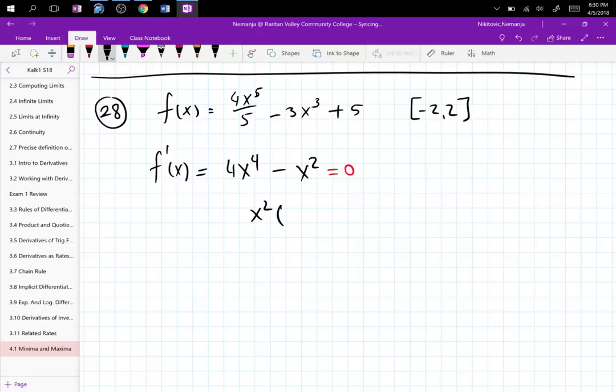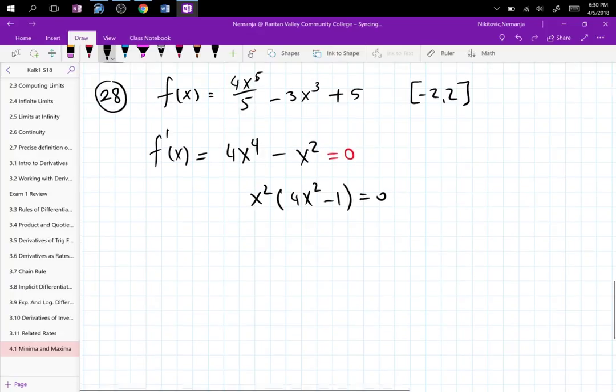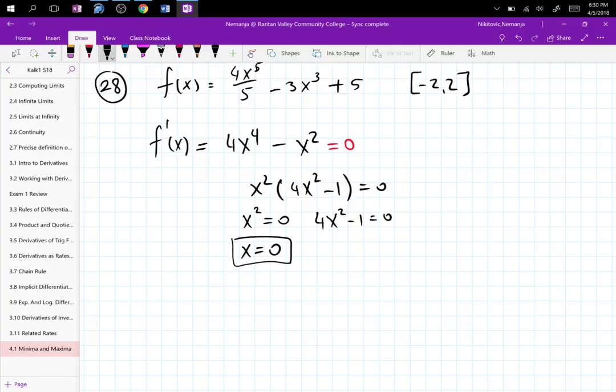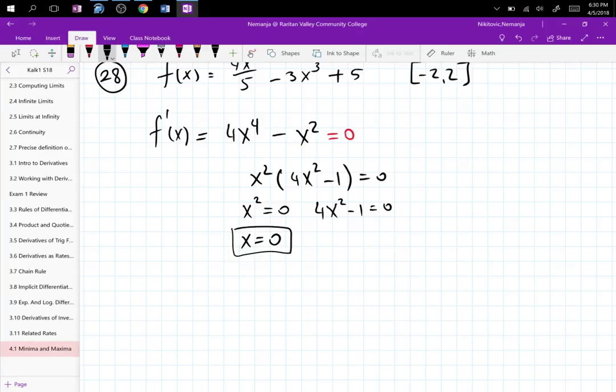Factor out x squared. We have 4x squared minus 1 equals 0. Use the zero product rule to separate these, so x squared equals 0 and 4x squared minus 1 equals 0. When you solve the first one, you get x equals 0. The second one is a difference of squares, so it's 2x minus 1 times 2x plus 1 equal to 0.